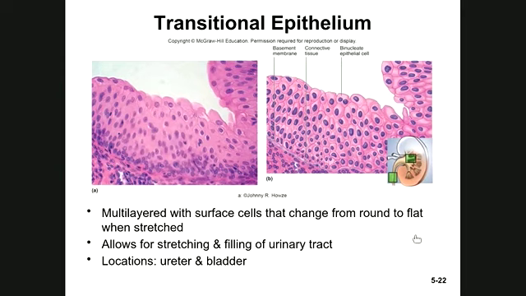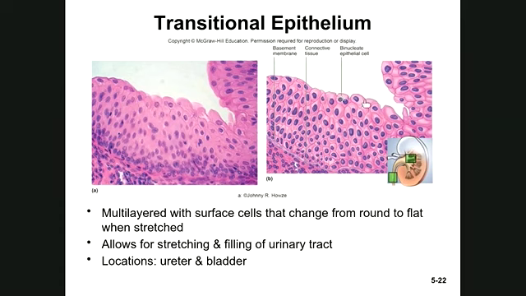This epithelium, as you see here, has different layers. This is the basement membrane, and you have many layers of the cells. And the surface cells, as you see in this picture, have the round or curved apical border, as you can see here.